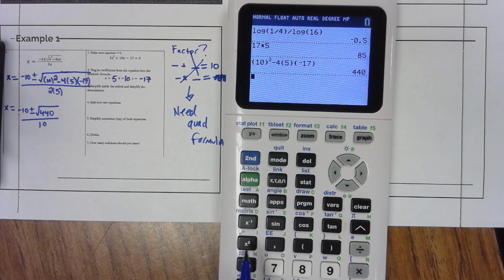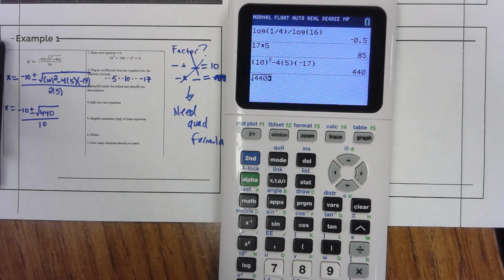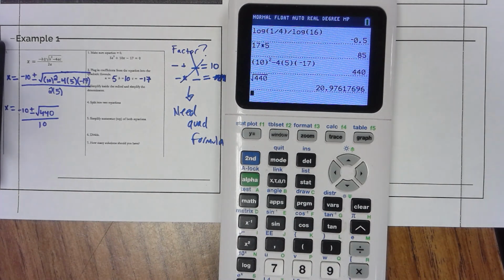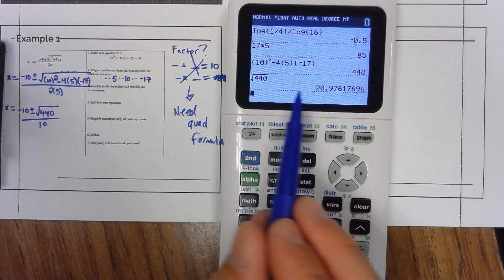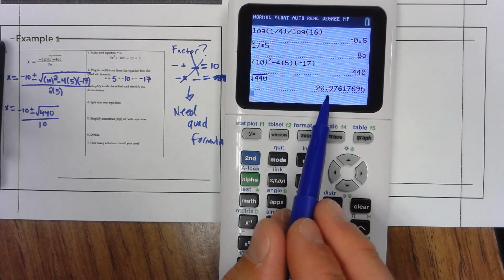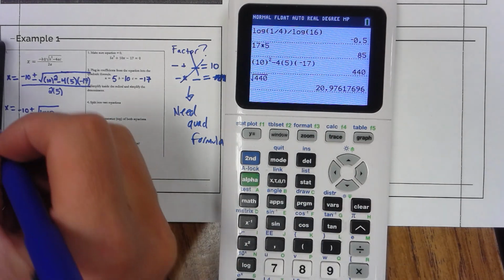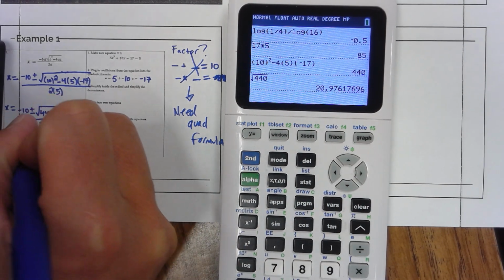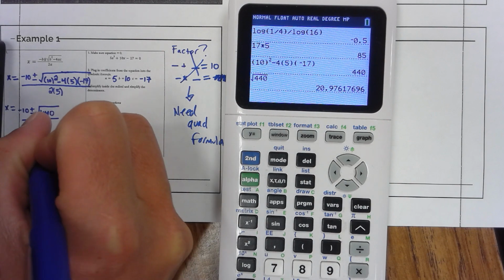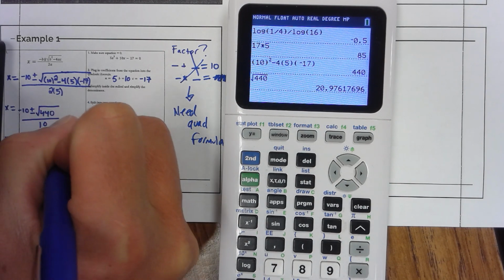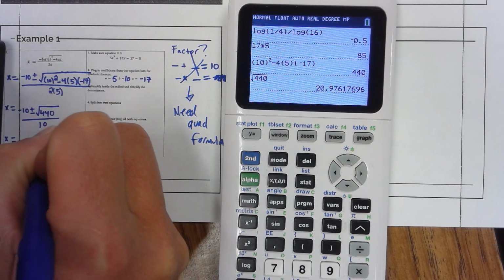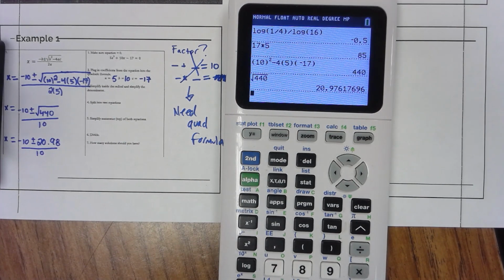Press second and then the x squared to bring up that square root. So square root of 440, and we should get a value of 20.97. Actually we should round up here. That should be 20.98 because of that 6. So this is negative 10 plus or minus 20.98, and it's still being divided by 10.